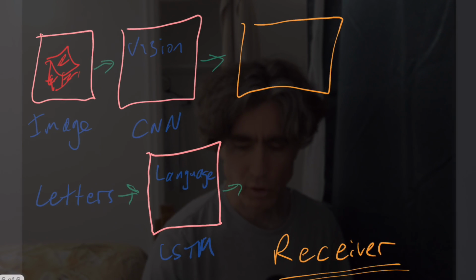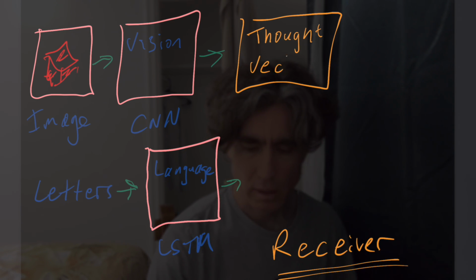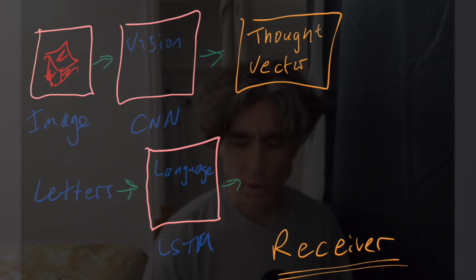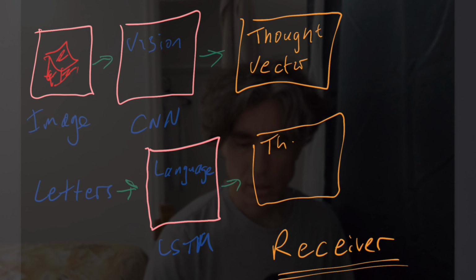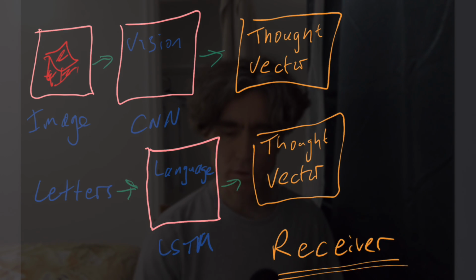Here we've got a thought vector that represents what the receiver is looking at. And we also have another thought vector which represents the words, the characters that the receiver received from the sender. What the receiver is going to do is compare these two thought vectors.